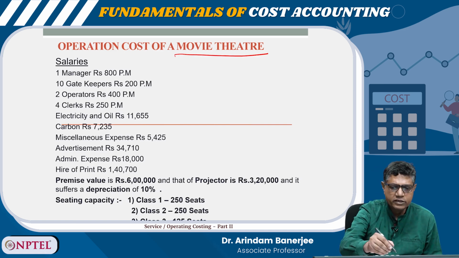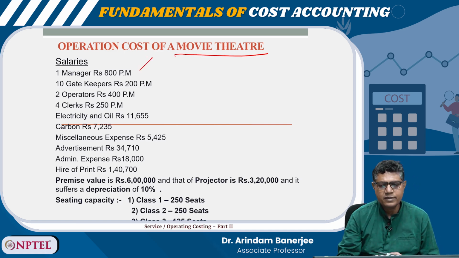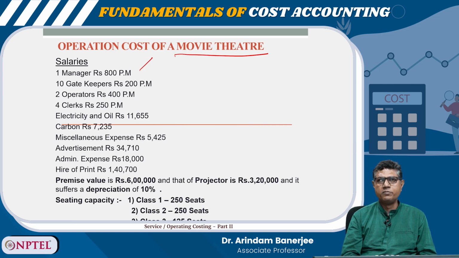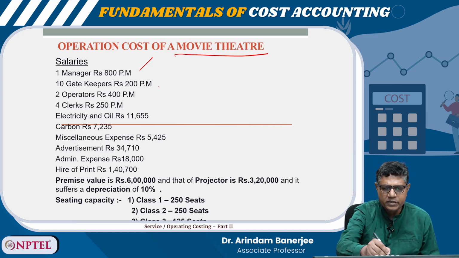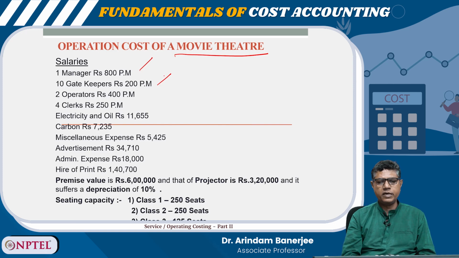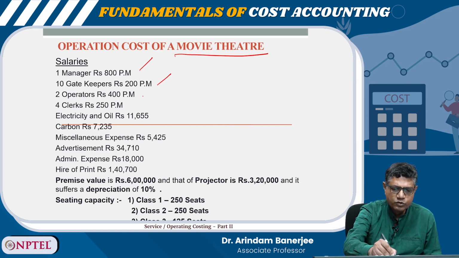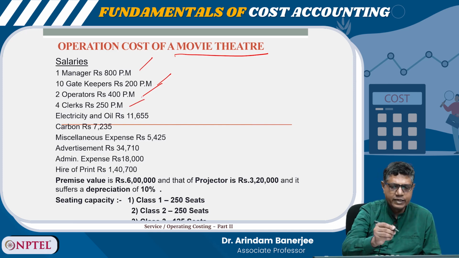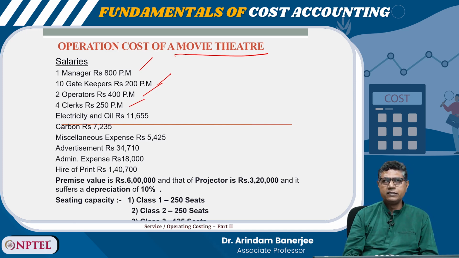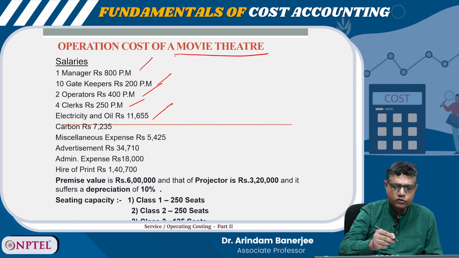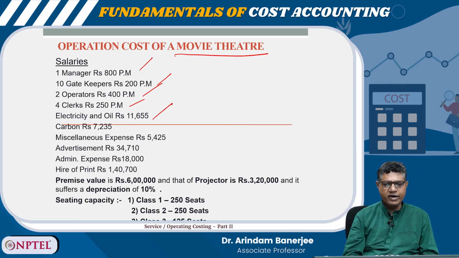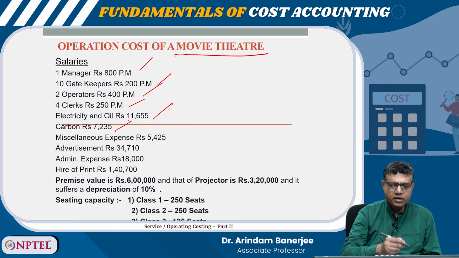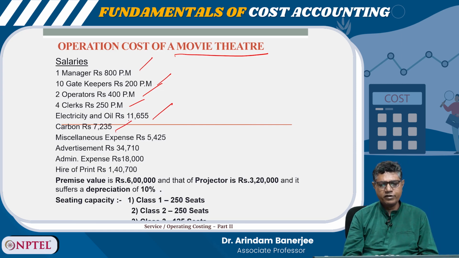So here is one manager, right, who takes 800 rupees per month. There are 10 gatekeepers who take 200 rupees per month, 2 operators who take 400 rupees per month, 4 clerks who take 250 rupees per month. Electricity and oil is rupees 11,655. Carbon rupees 7,235.